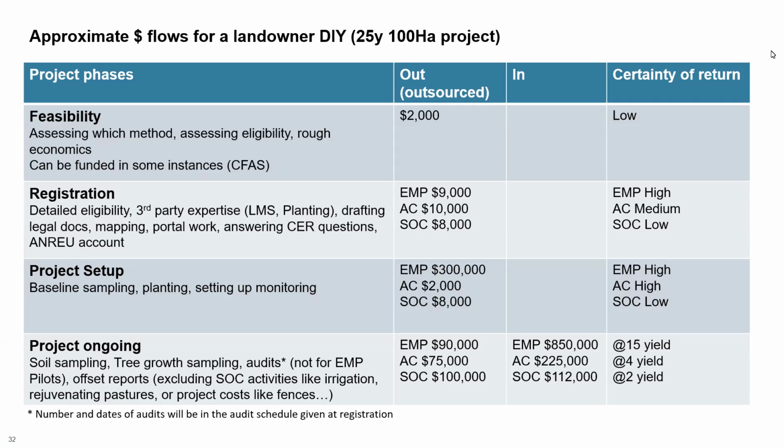For some methods, typically planting, EMP, and soil carbon, you also have to have external costs to certify your land management strategy for soil carbon, or an ecologist to prepare your planting definition for EMP.